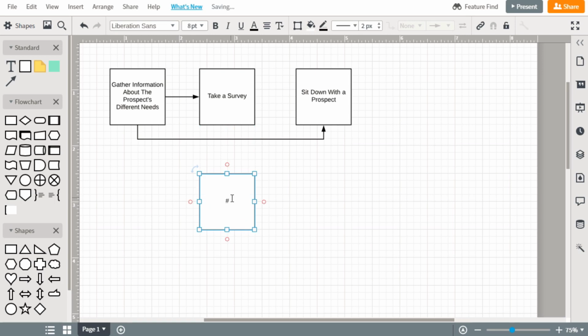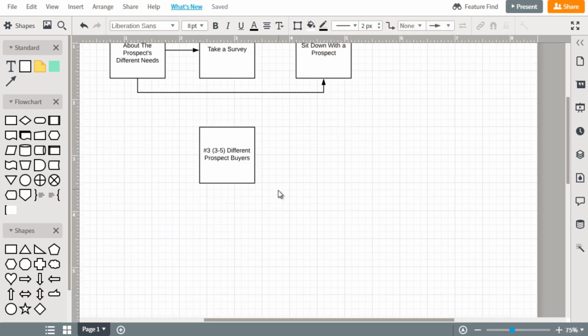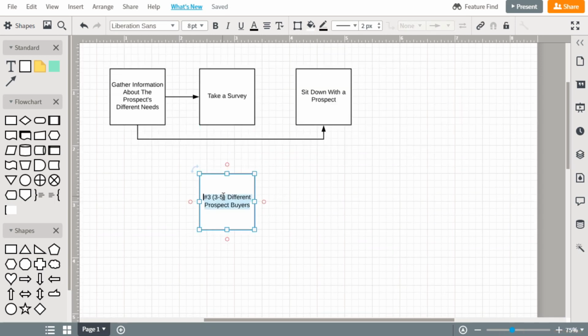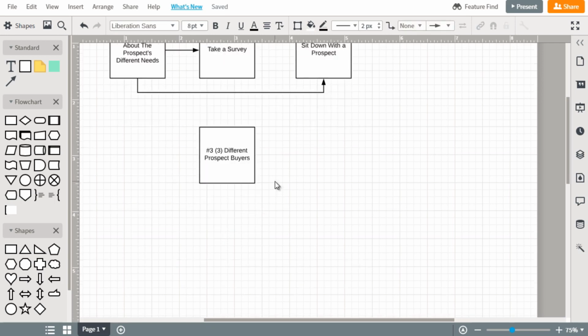So this could be 3 to 5 different prospect buyers. For simplicity's sake, let's just do 3. And we'll call these pathways or paths. So there are 3 different paths.